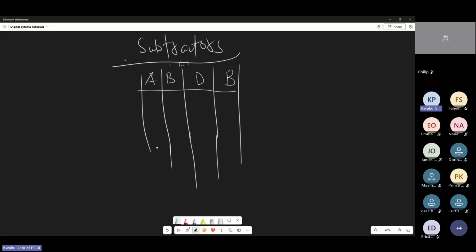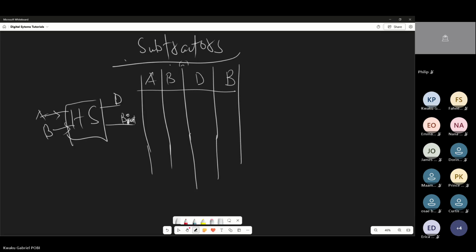So here, let's say you are designing a half subtractor. A half subtractor will have two inputs, let's say A and B. And then the outputs will be the difference and then borrow out. Sorry, borrow in. Just borrow or borrow in, whatever.